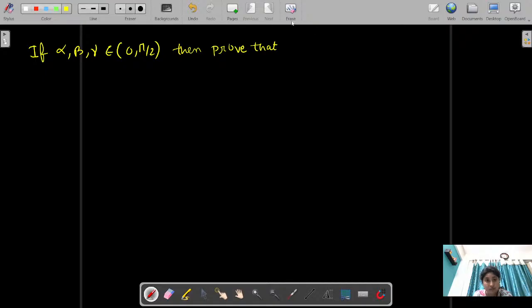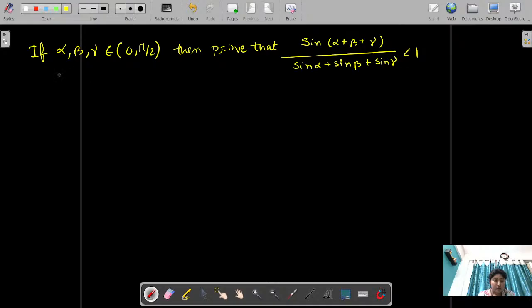The first sum I chose for today is: if alpha, beta, gamma belongs to the open interval 0 comma pi by 2, then prove that sine of alpha plus beta plus gamma, whole divided by sine alpha plus sine beta plus sine gamma, is less than 1. We have to prove it.